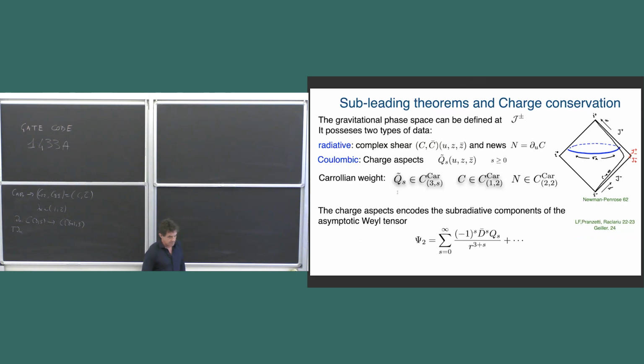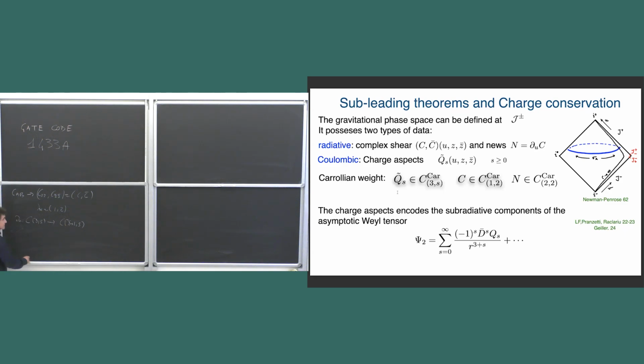So what is the meaning of this Coulombic data? You're used to knowing the radiative data, but what is the Coulombic data? You can view it in some sense as the sub-radiative data, the data that lies behind the radiation.